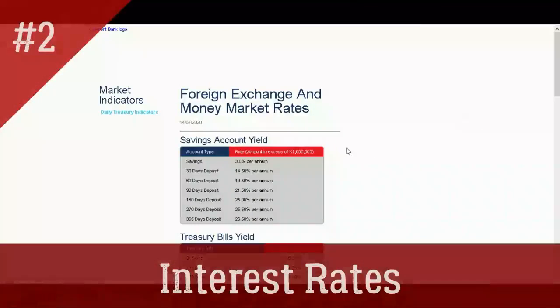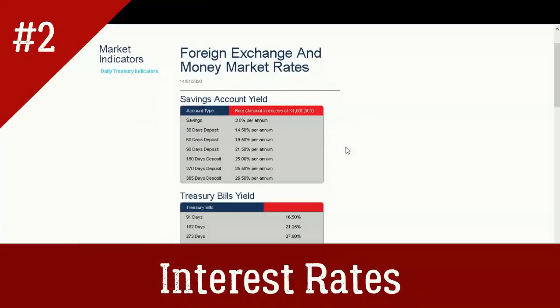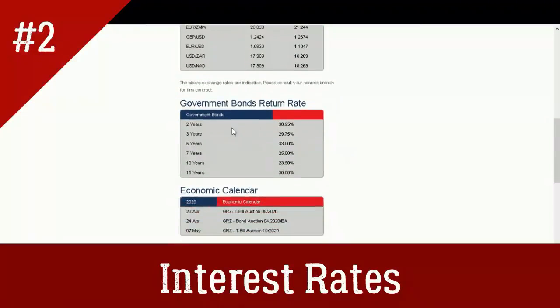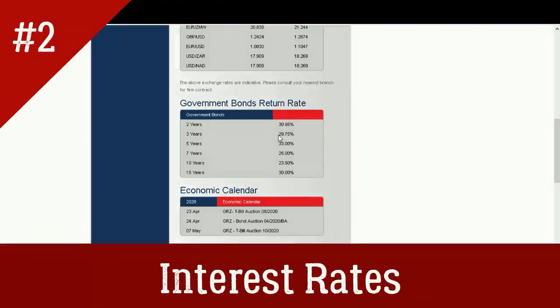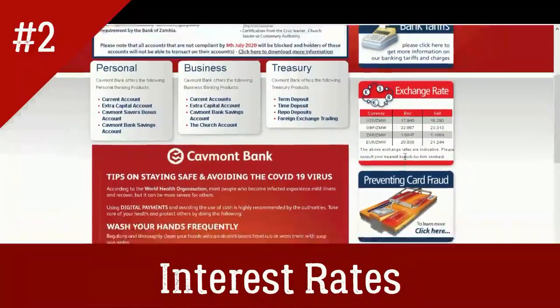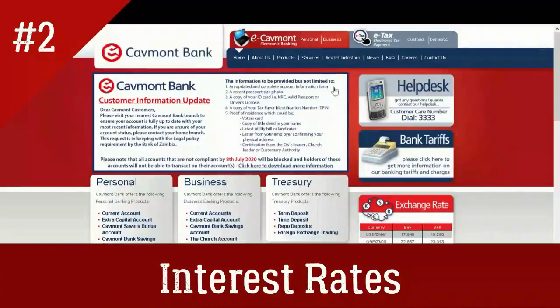The second factor is the issue of interest rates, and interest rates are very related to the issue of inflation as well. But in simple terms, when interest rates are high in a particular economy or country, investors will bring in their money and invest in the economy. Why?